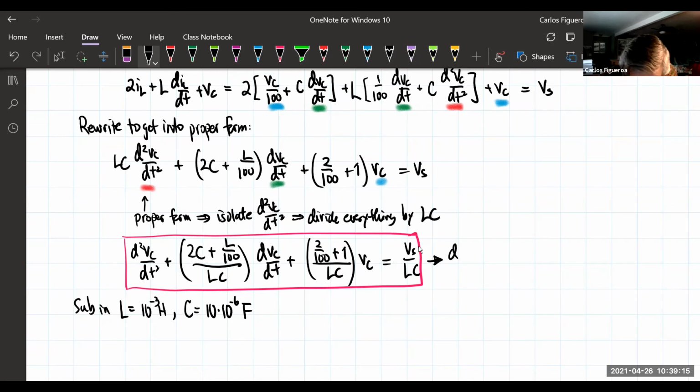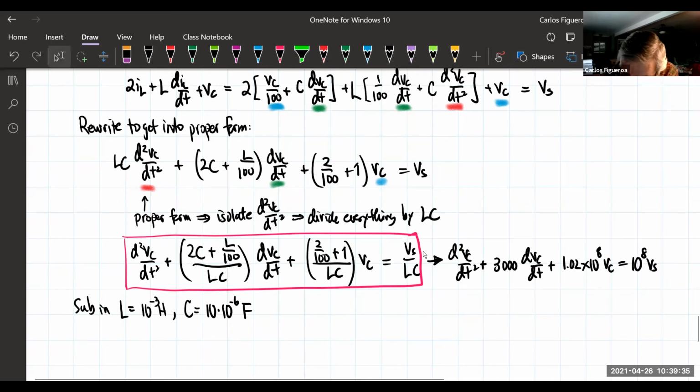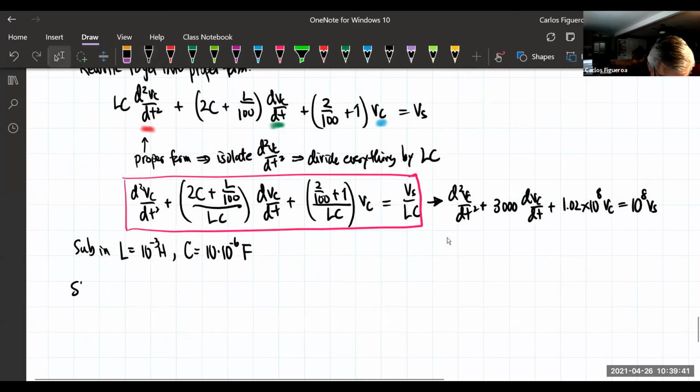You're going to get d²v/dt² plus 3000 dv/dt plus 1.02 times 10 to the 8 VC, and this will be equal to 10 to the 8 VS. So now I have my numbers here.